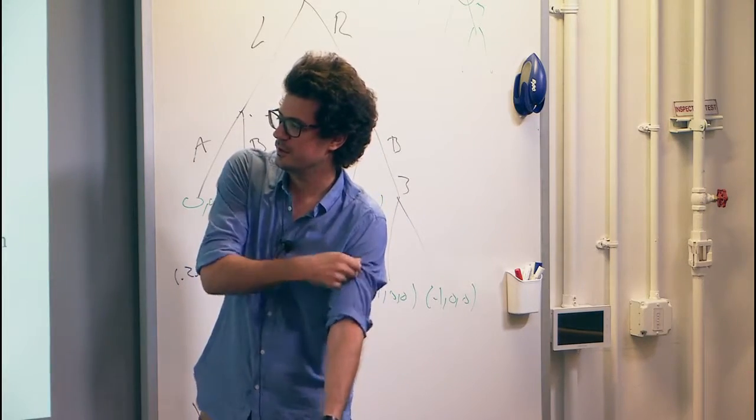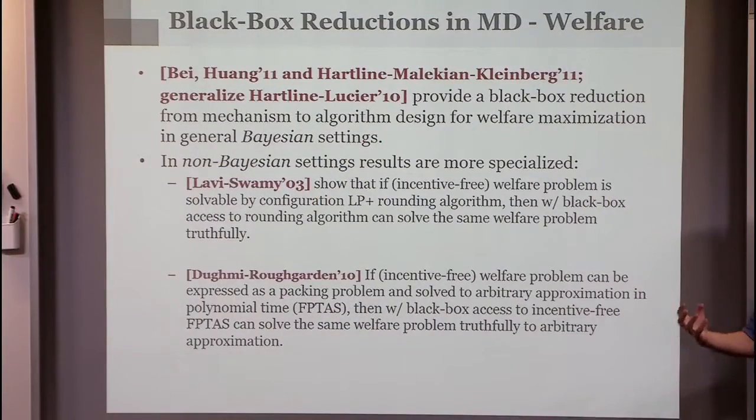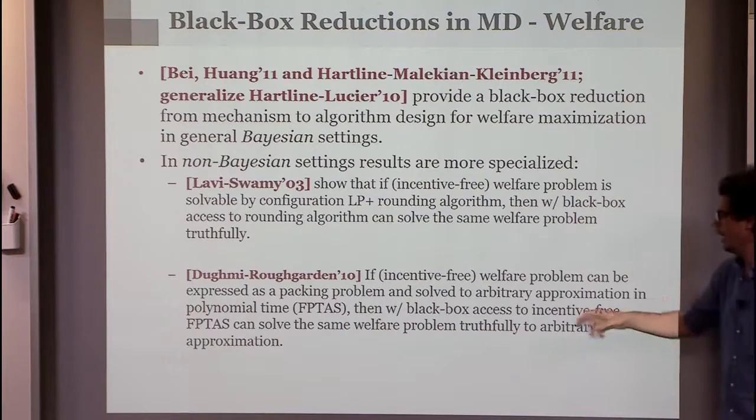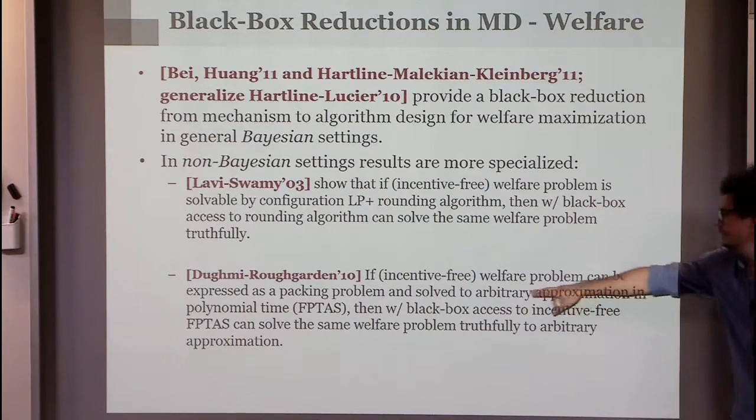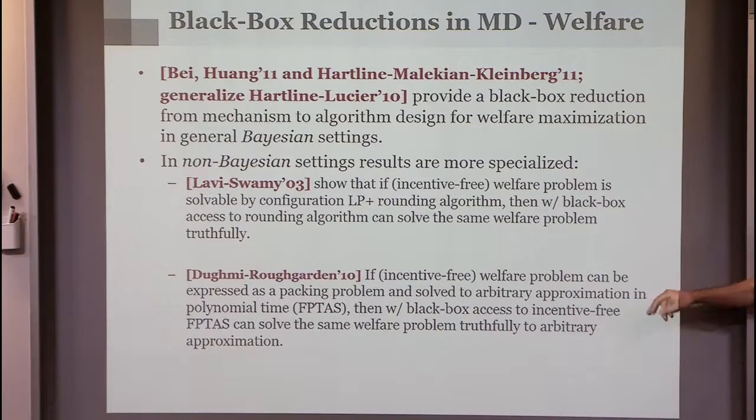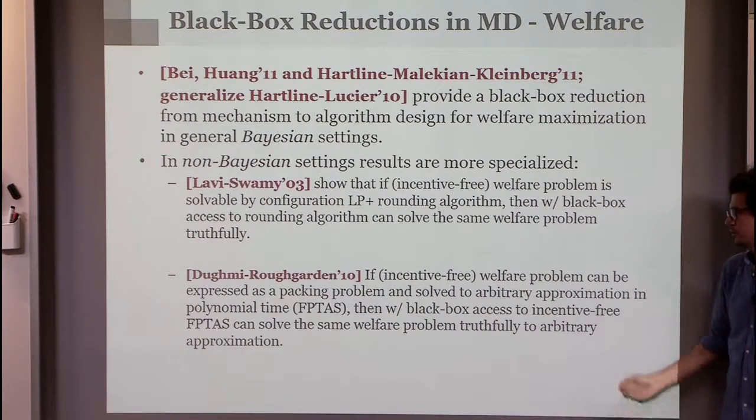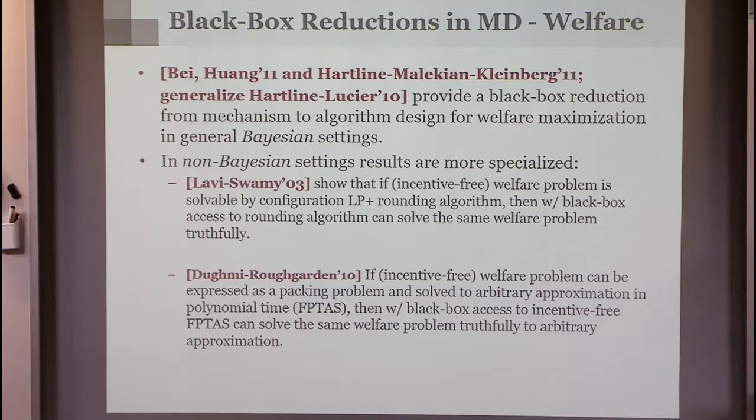If your incentive-free problem is a packing problem and can be solved to arbitrary approximation in polynomial time, then with black box access to this polynomial time approximation scheme, you can solve the strategic problem to arbitrary approximation also in polynomial time. So these are just two examples of black box reductions between mechanism and algorithm design. Any questions so far?